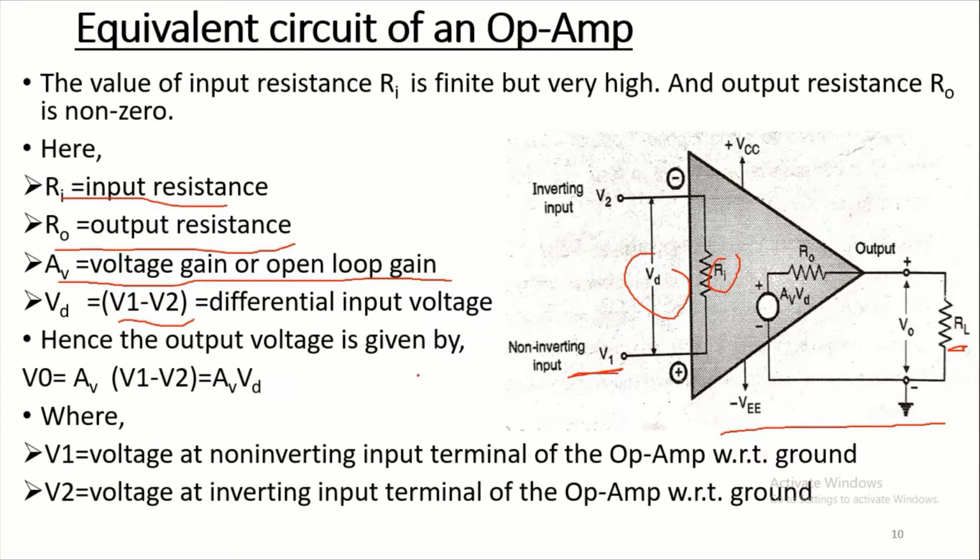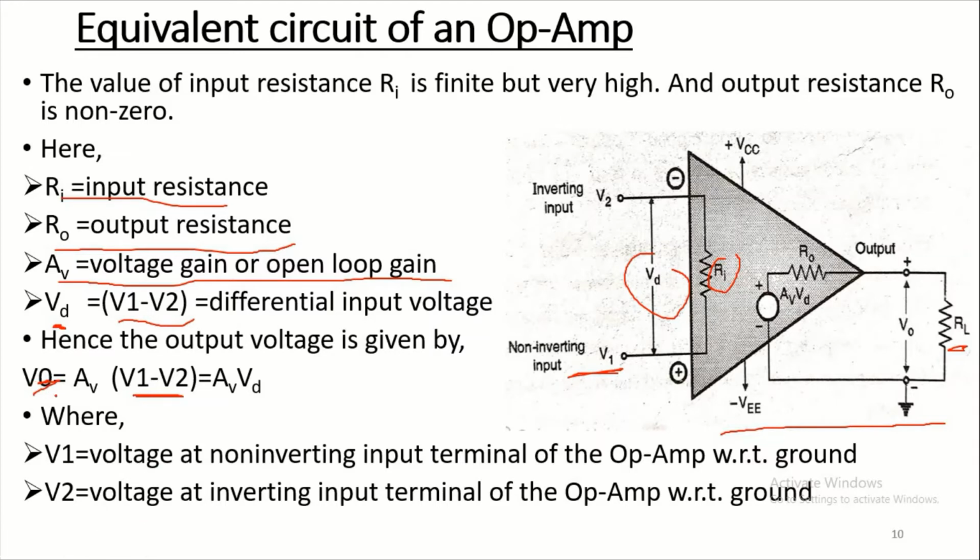Hence the output voltage, denoted as VO, is equal to AV into V1 minus V2, and V1 minus V2 is denoted as Vd. Simplifying the equation by putting V1 minus V2 equal to Vd, VO becomes AV into Vd.